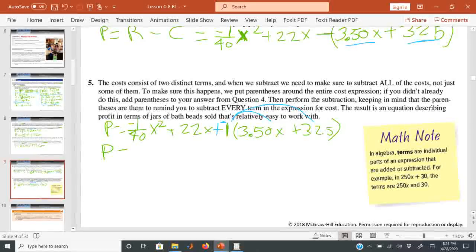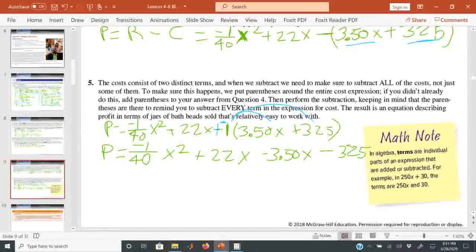So now I go P equals -1 over 40x squared plus 22x minus 3.5x minus 325. So I end up subtracting the entire equation for cost.